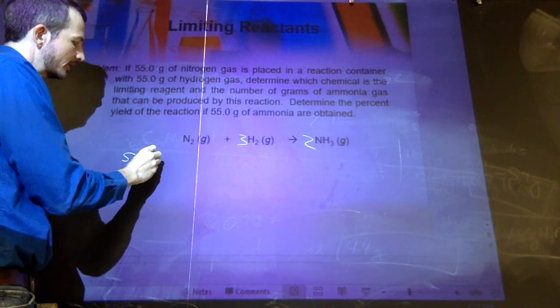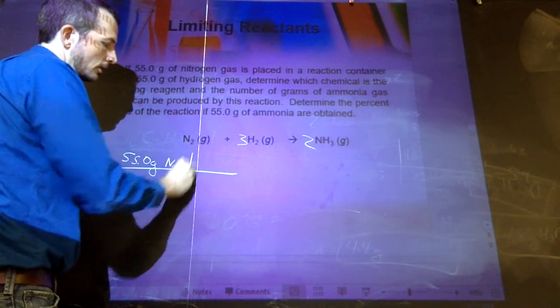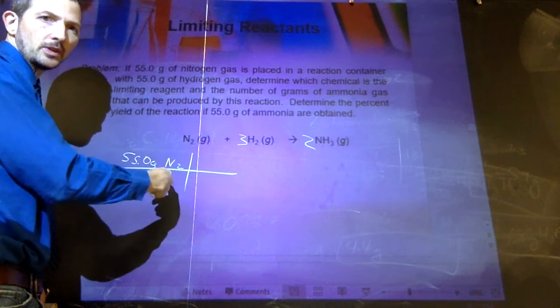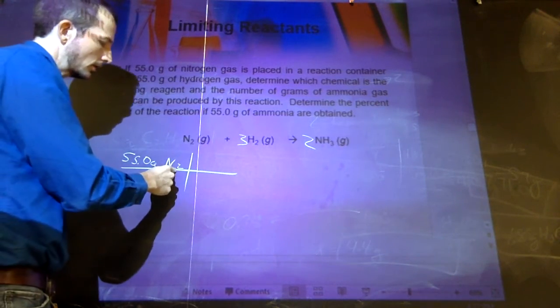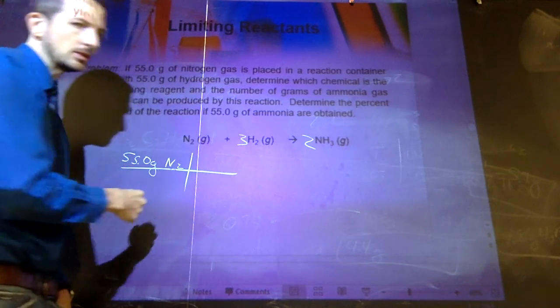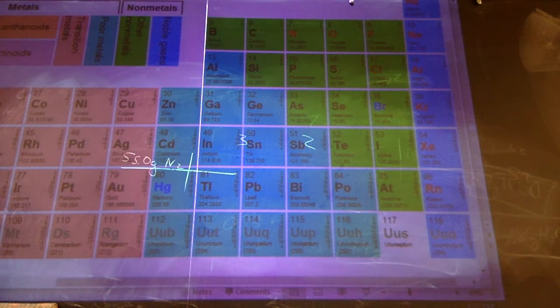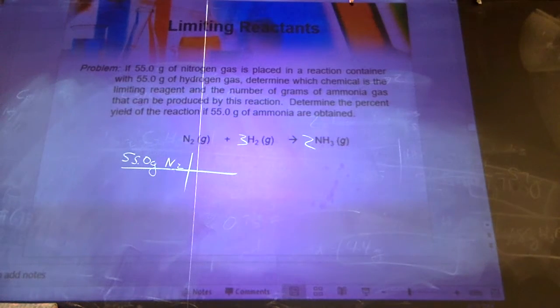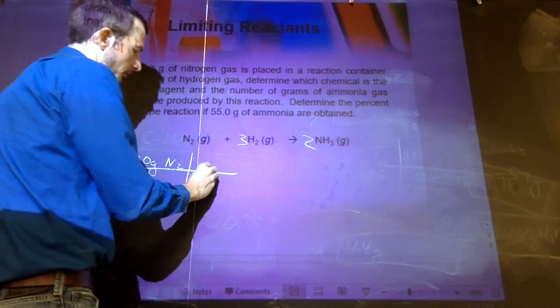Again, on your homework simulation for the requirement, you're given moles, so you can skip this conversion, you already have moles. So nitrogen, look at the periodic table. It's 14.01, I'm going to say. I have 2 of them, so that would be 28.02.